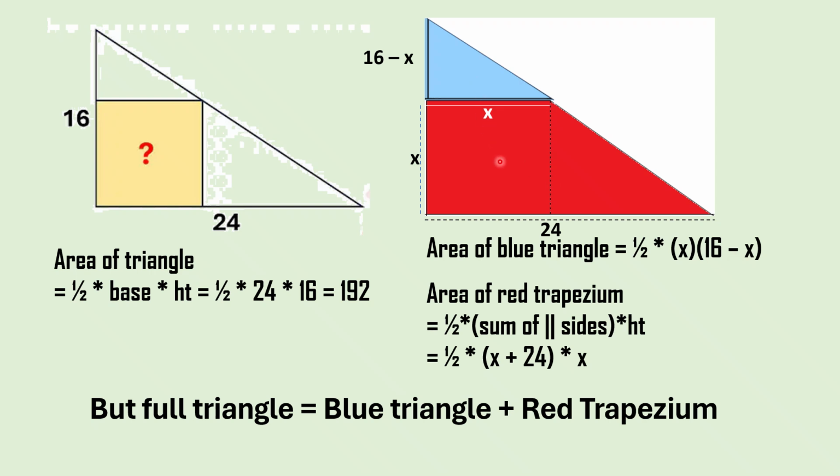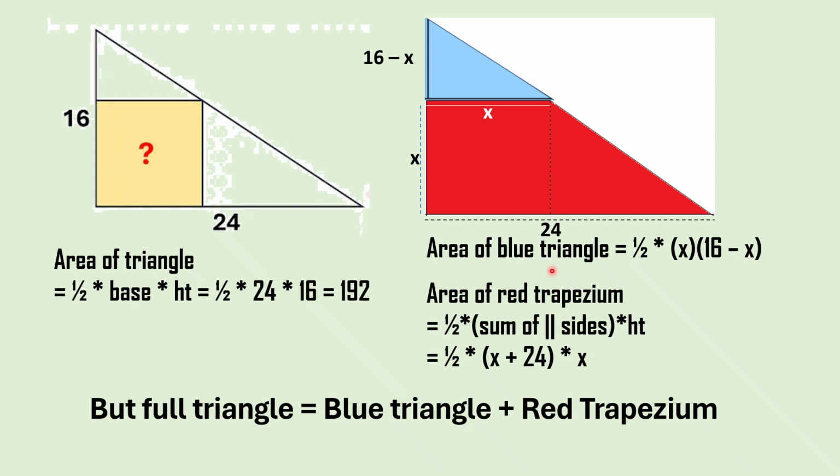Now the area of the red trapezium. The trapezium, half into sum of parallel sides into height. That is half into the top is x and the bottom is 24. So half of x plus 24 into altitude, that is x.